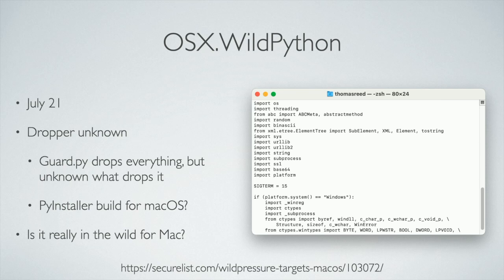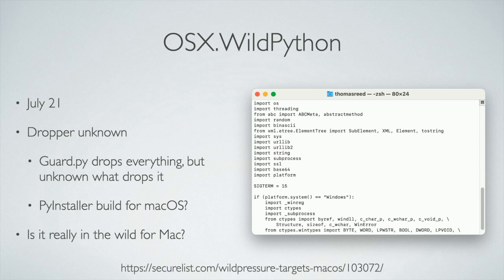We have no idea what the dropper was, and I actually contacted the guy who did the write-up for Kaspersky, and he hadn't seen it either. There was a guard.py file, a Python file that dropped everything, and it had both Windows and Mac code in it, so it was capable of infecting either a Windows or a Mac machine.